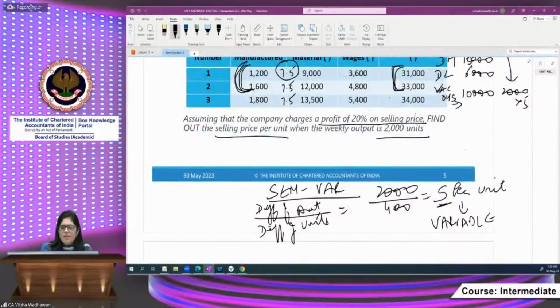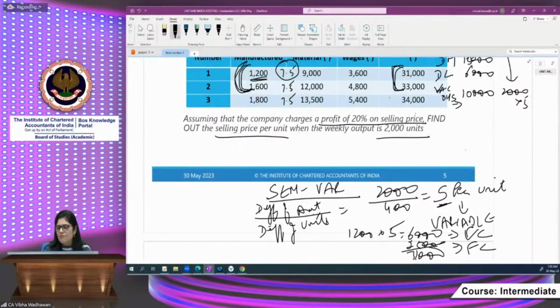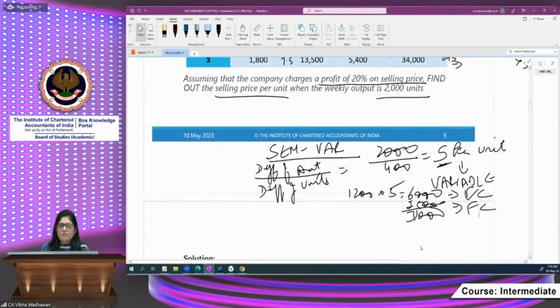Variable cost 5 per unit. Units are 1,200. So 1,200 into 5 is 6,000. So this is the variable portion. And our total is 31,000. So 25,000 has to be fixed cost.